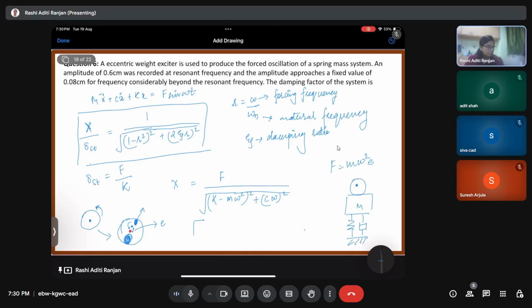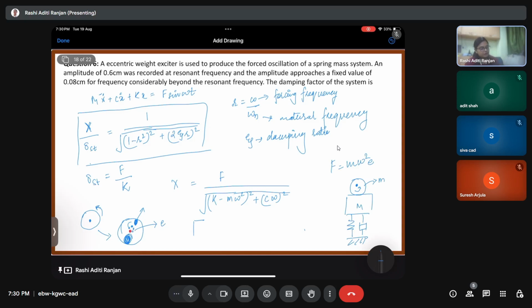Now this rotor is rotating, and it is causing a movement of mass m, and the residual mass m is concerned with the rotor, and because of that the forcing that is happening is of the form m omega square E into sine of omega t.